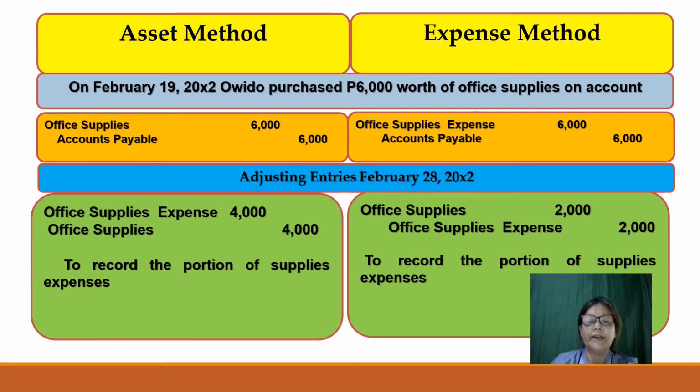So, the entry is that 2,000 pesos be debited to the office supplies account and then credit the office supplies expense, because it is 6,000 that was recognized as expense under the expense method and you have to reduce it by 2,000 pesos to show that 4,000 was used up already.